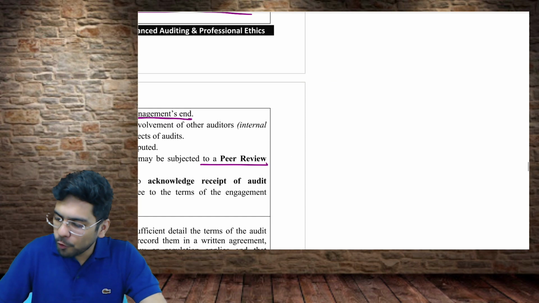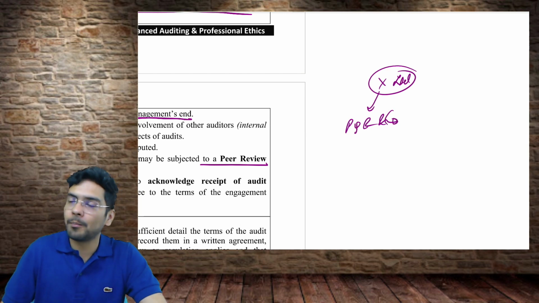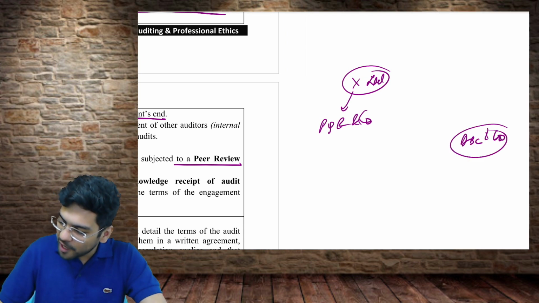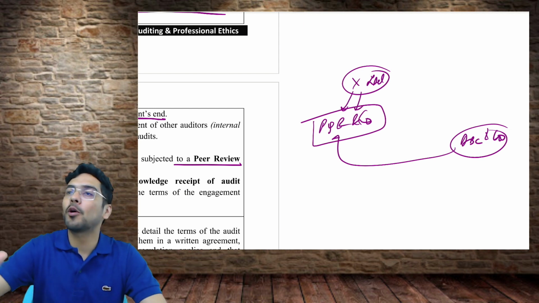Let me put it this way. Let's say we audited the client X Limited. My CA firm's name is PQR and Company. Another CA firm appointed by ICAI will come to our office and check whether we did the audit of X Limited properly or not.